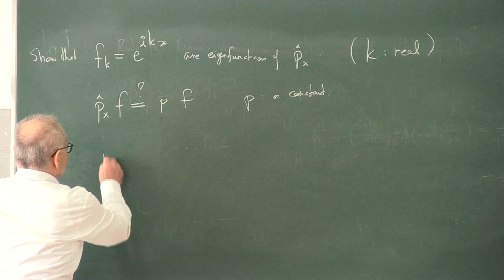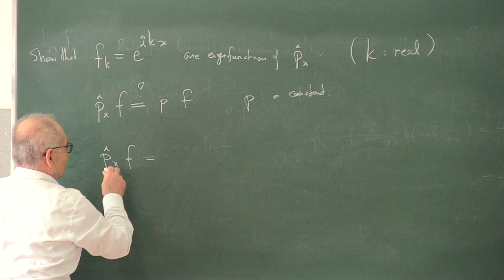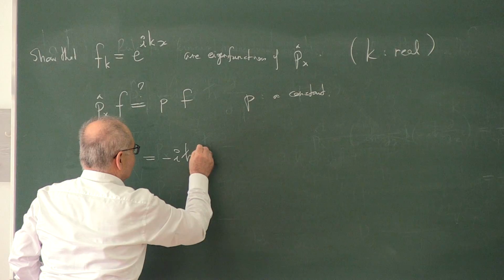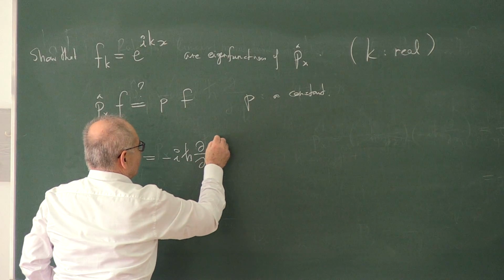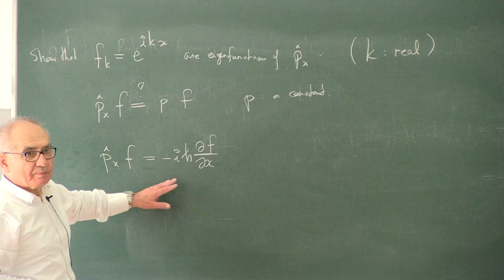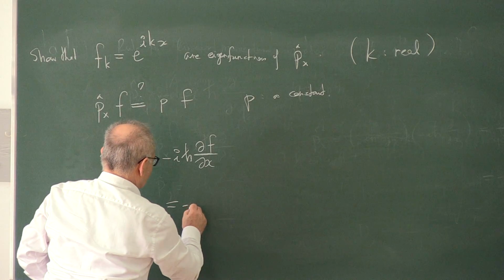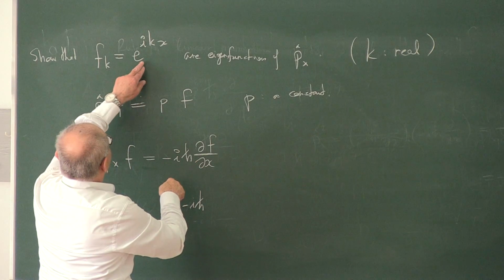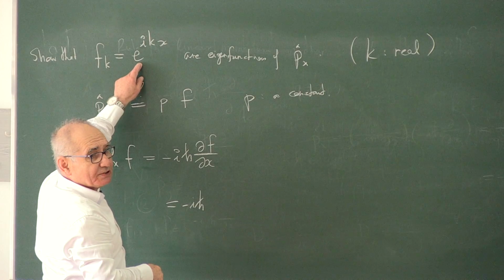So now we simplify this expression. What is the expression for p_x? Minus i times h bar, partial first derivative with respect to x. So this is our expression. Now, what is the partial derivative of this exponential with respect to x?